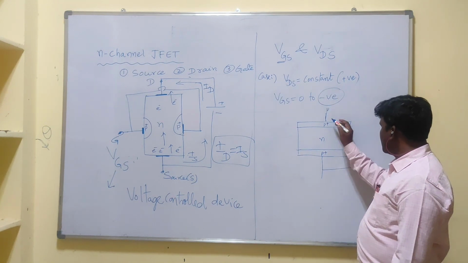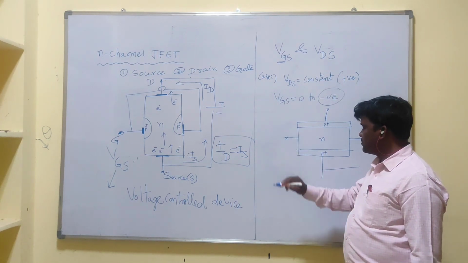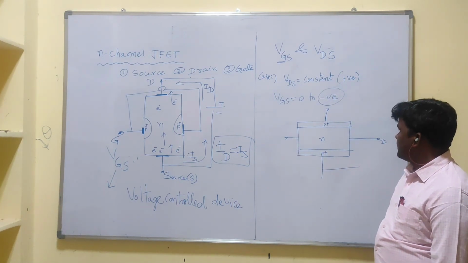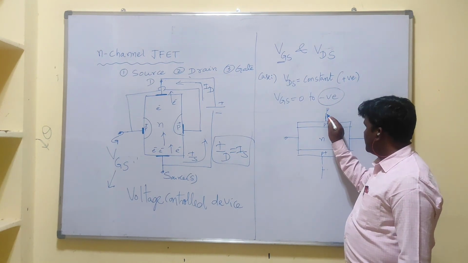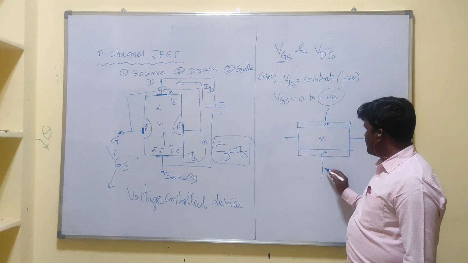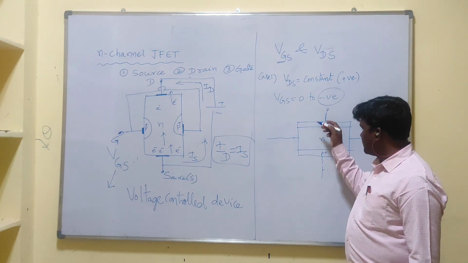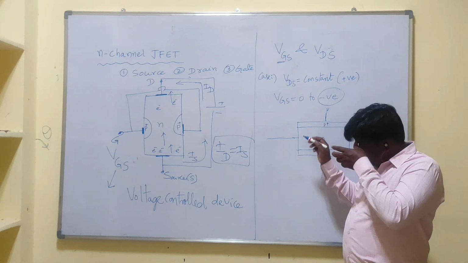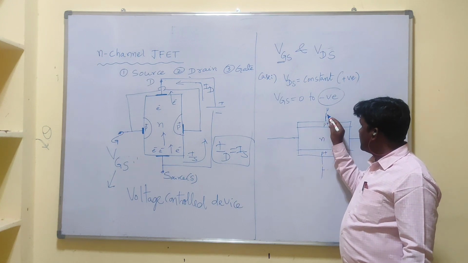These are connected, and next this is our drain terminal, and this is our source terminal. These two are gate terminal. These two are connected internally, and we can apply voltage.